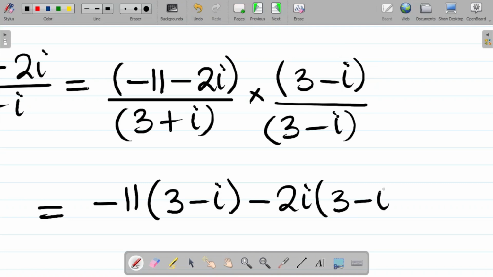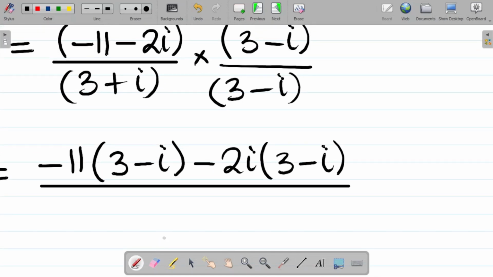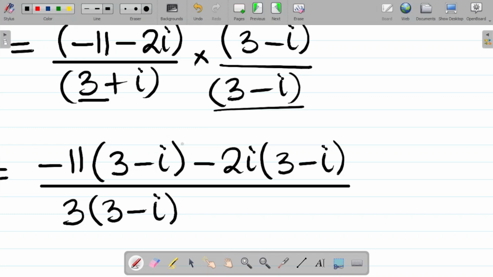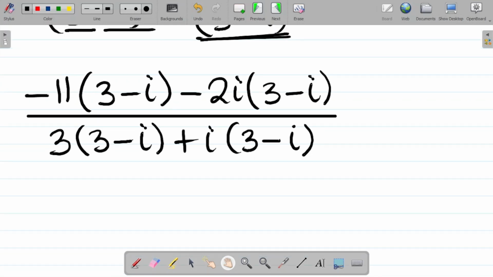This is all divided by, again, we'll repeat the same procedure here. Use the first term of the first bracket, 3, and multiply everything in the second bracket, 3 minus i. Use the second term of the first bracket, plus i, and multiply everything in the second bracket, 3 minus i. So we have this.